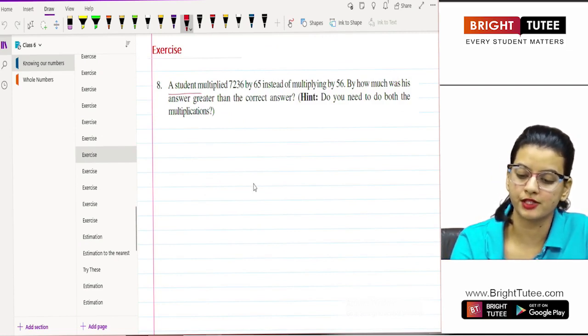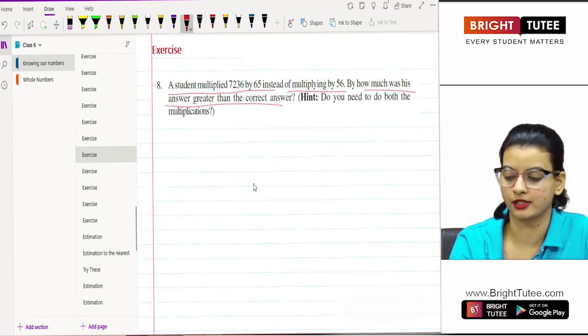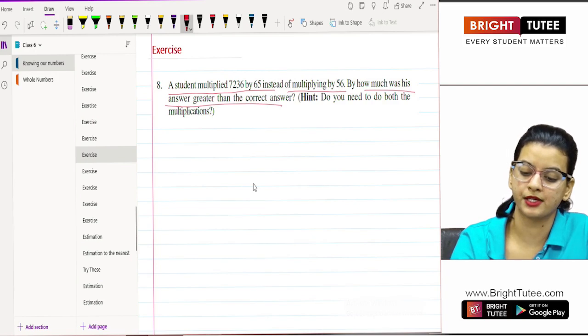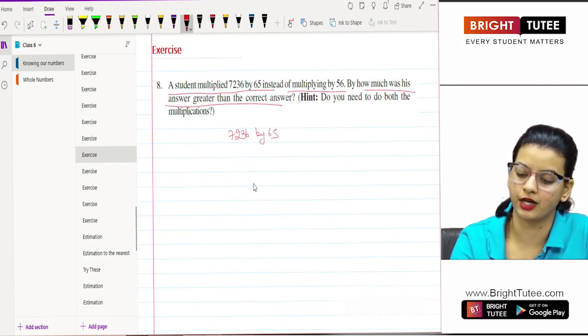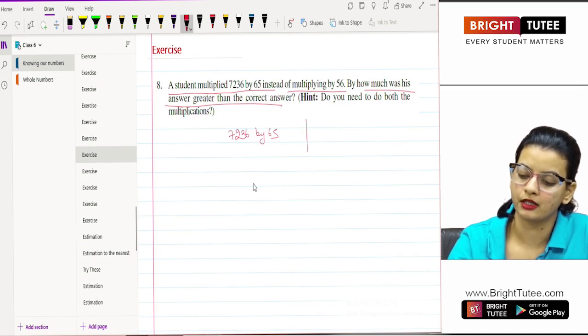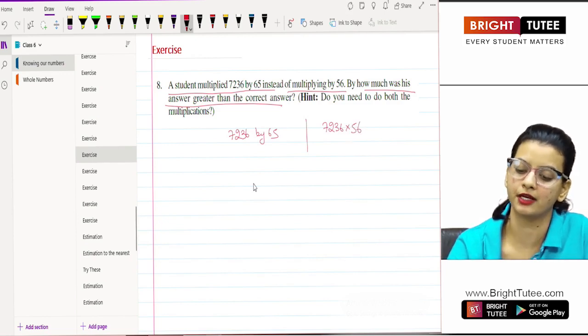Now a student multiplied 7,236 by 65 instead of multiplying by 56. How much was his answer greater than the correct answer? So the student has multiplied 7,236 by 65, and actually he had to multiply it by 56.